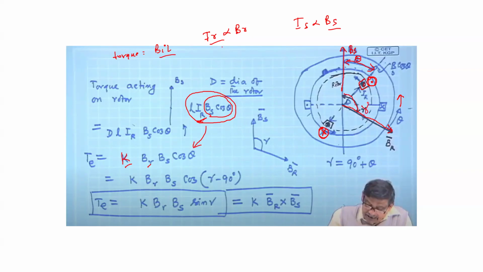Okay, so let me just erase this. So this is the thing. Let the angle difference between BS and BR be gamma. So how can this theta be written?